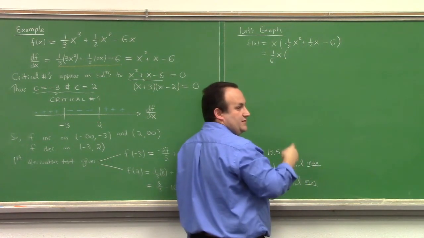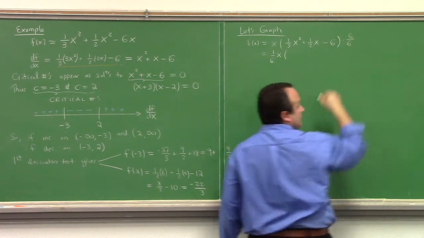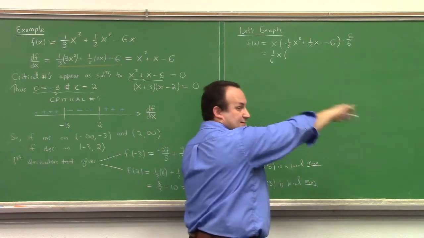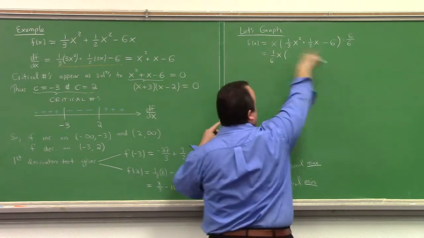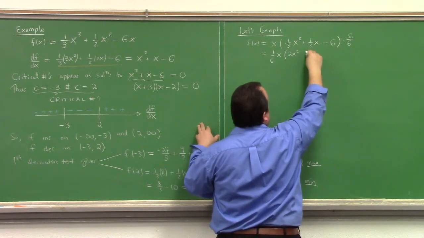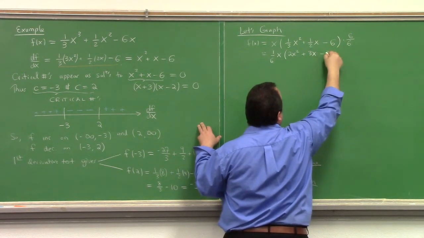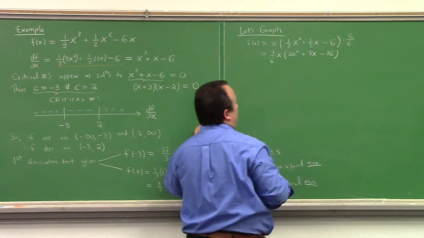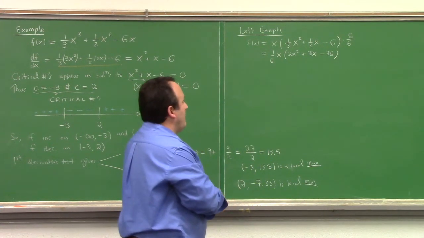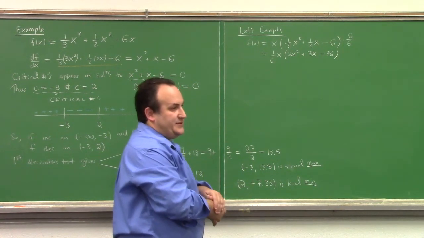Basically I'm multiplying by 6/6, bringing the 1/6 out front, and multiplying the 6 through. That gives me 2x squared, 6 times 1/2 is 3x, and minus 36. It may or may not be anything pretty, I really don't know.